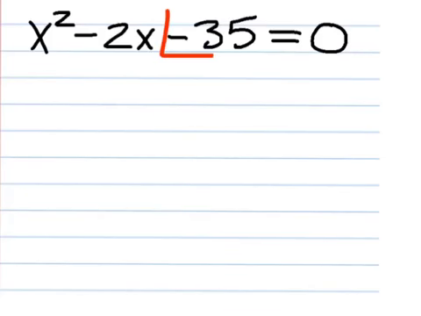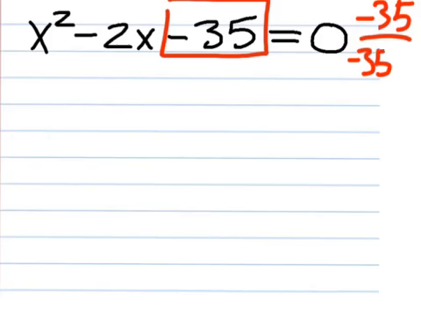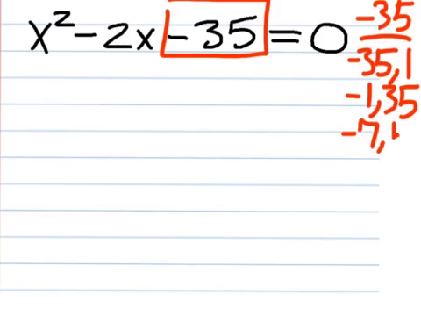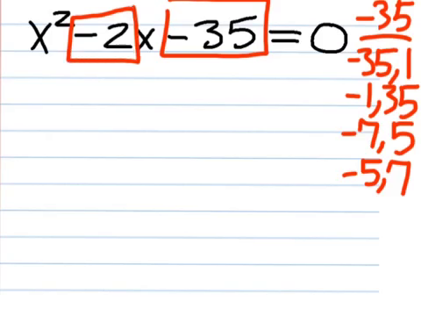Need the factors of negative 35. That's going to be negative 35 and 1, negative 1 and 35, negative 7 and 5, negative 5 and 7. Alright, do we have two factors that are going to add together to give us negative 2? Negative 7 and 5.